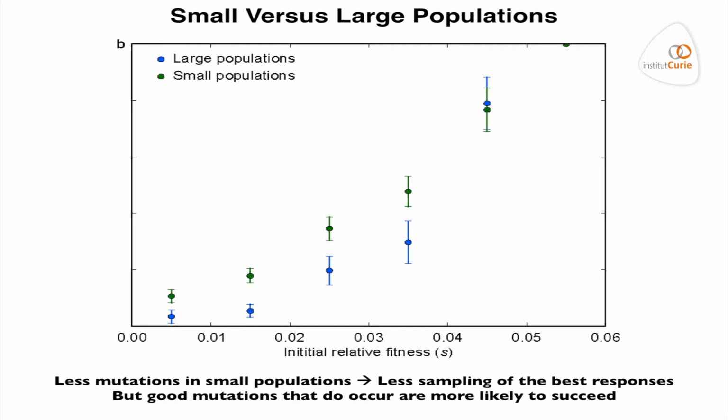On the other hand, when a good mutation does happen, there's less other stuff going on, so there's less competition. So once it happens, good mutations are more likely to succeed. And you can see that here: given that you land a given distance ahead of the rest, you're actually more likely to succeed in a small than in a large population.